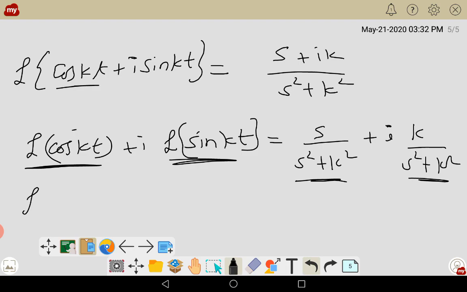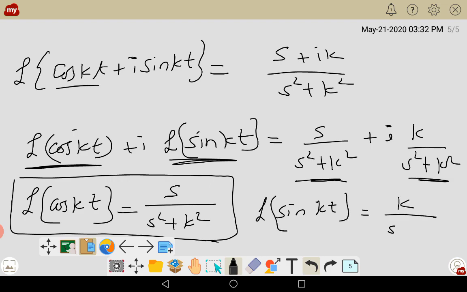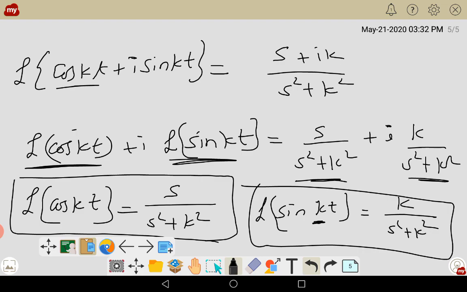Comparing real parts, Laplace of cosine kt is equal to s over s square plus k square. This is the result for Laplace of the cosine function. When you compare the imaginary parts, Laplace of sine kt is k over s square plus k square. So k is the coefficient of t in the function, remember.